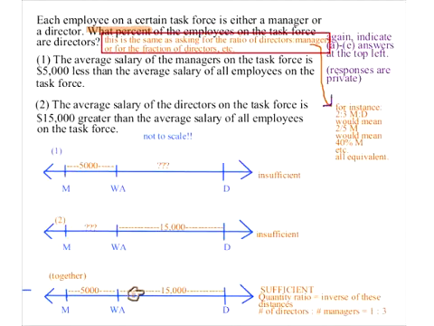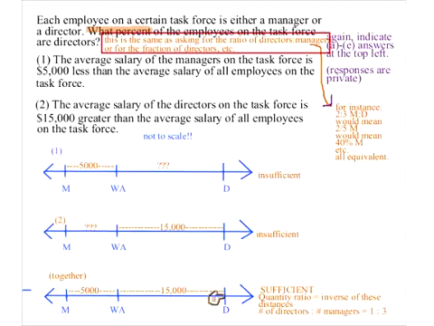If you think intuitively about the situation, you've got this situation going on here. Yes, you can pay them whatever you want independently of how many there are, but the fact that the weighted average is precisely this close to managers versus directors is why you've got to have a certain number of people.